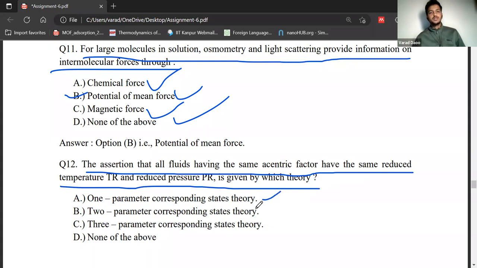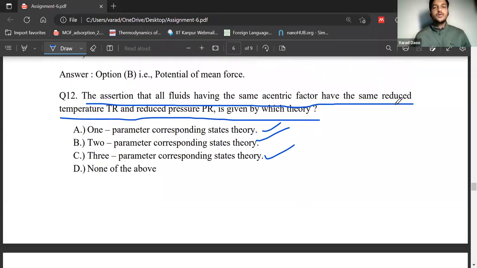One parameter corresponding state, two parameter corresponding state theory, three parameter corresponding state theory, or none of the above. I'll give a couple of minutes to think about it.